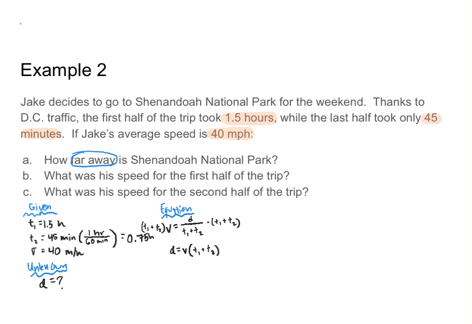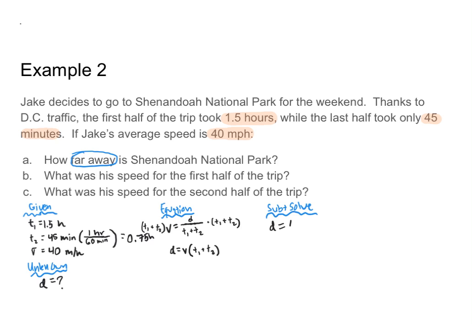Now I am ready to substitute and solve. So my sub and solve step. Let's go ahead and do that. I know that my distance is equal to speed times the sum of my times.